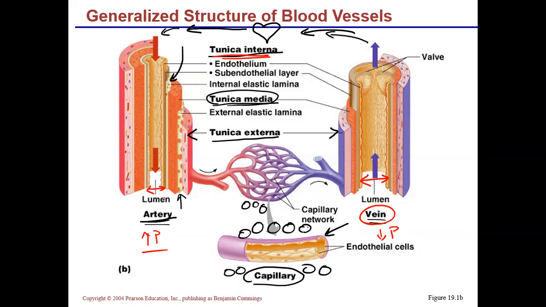This opening where the blood is passing through is called the lumen. As the blood passes through this lumen, it comes into contact with these walls of the tunica interna.